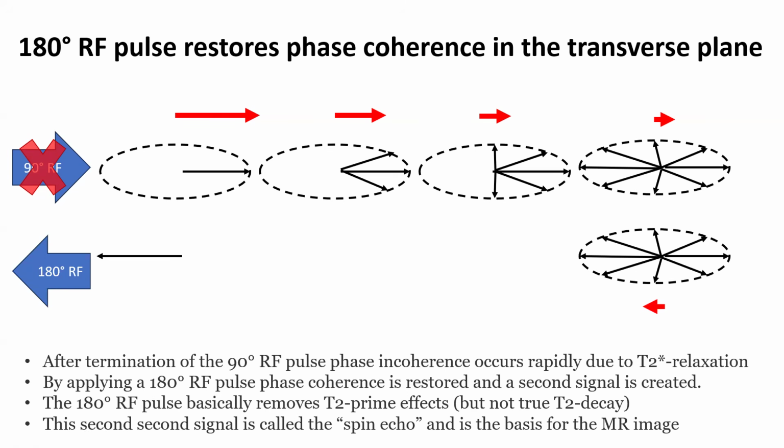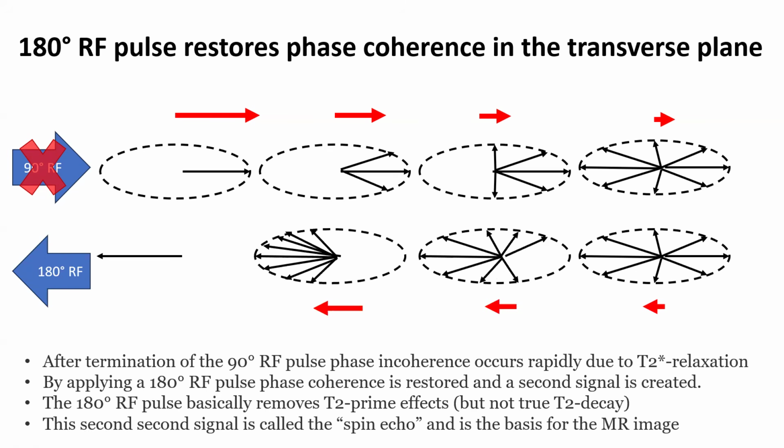We start with a weak signal, but the protons start catching up with each other and they gradually come together again, and as a result the magnetization in the transverse plane will increase until we get a moment of perfect phase coherence again. And that signal that we create this way is called the spin echo. And this spin echo is the basis of our MRI image.